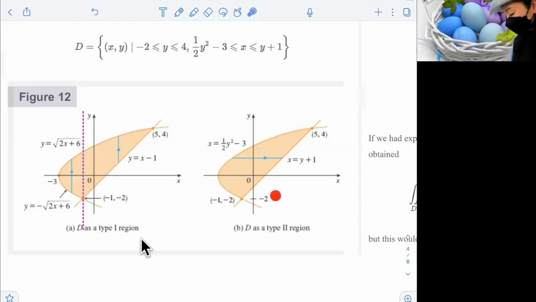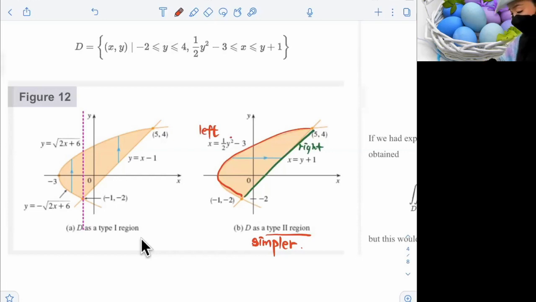This one, right? Looks like this one here is a little bit simpler. So this one is a type 2 region, because it's going to be one on the left, and here we have one on the right. So it's a little bit easier. This is the right, and this is the left.